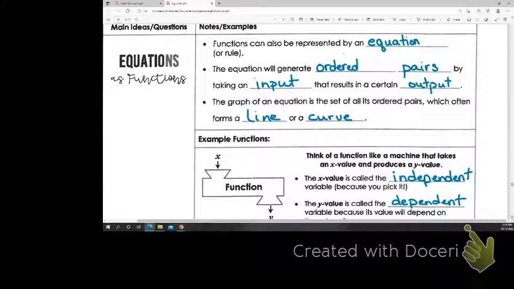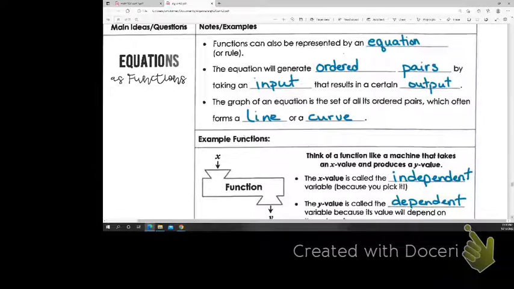Functions can be represented by an equation, which is basically a rule that tells us what we're going to do to the numbers we put into the function to get a certain number out. So the equation will generate ordered pairs by taking an input that results in a certain output.